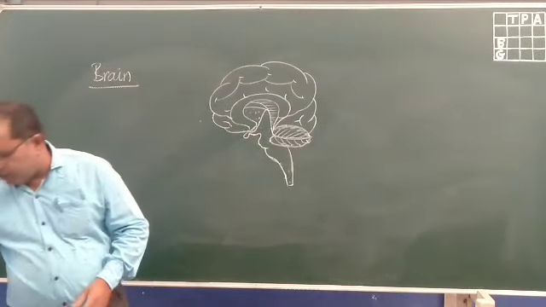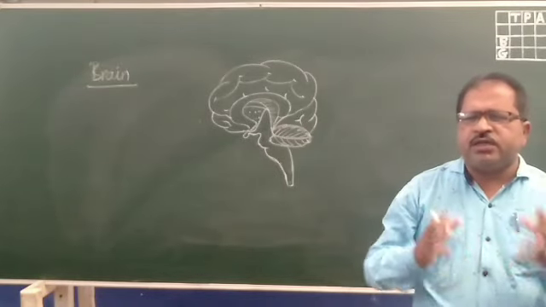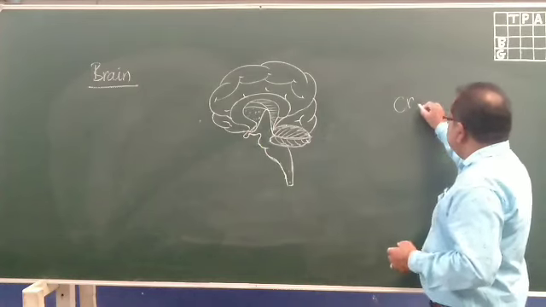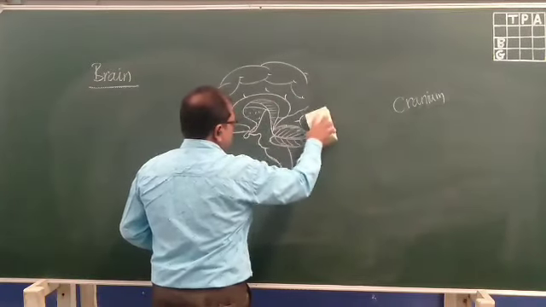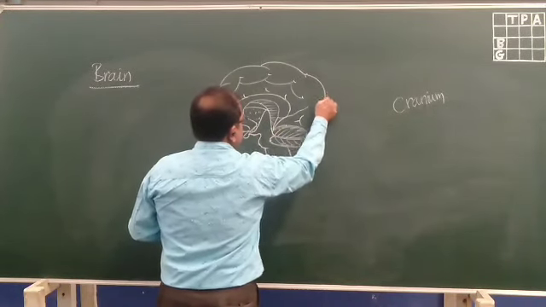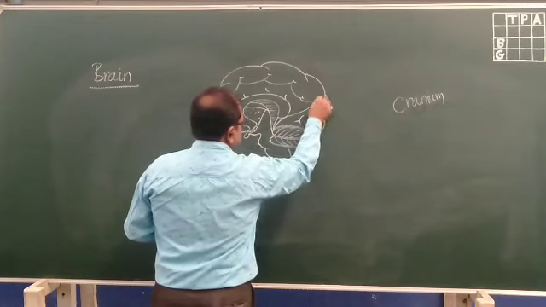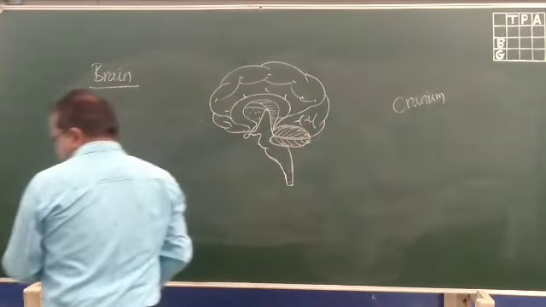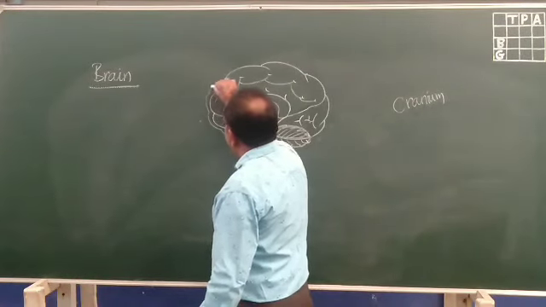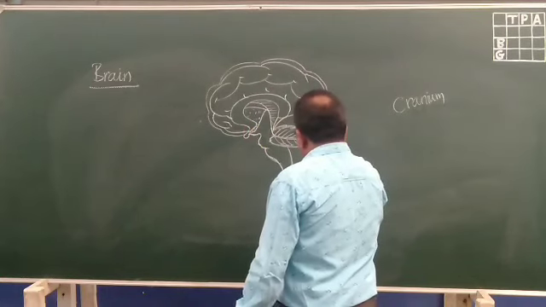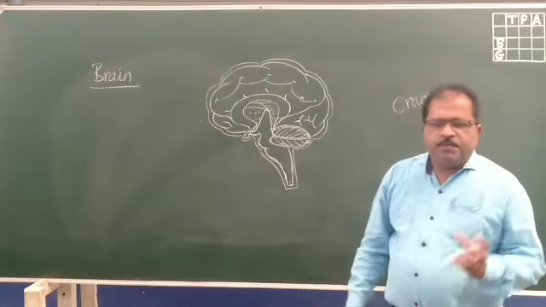When you see the structure of the brain, the brain is located in a bony box-like structure presented in the skull, which is called the cranium.